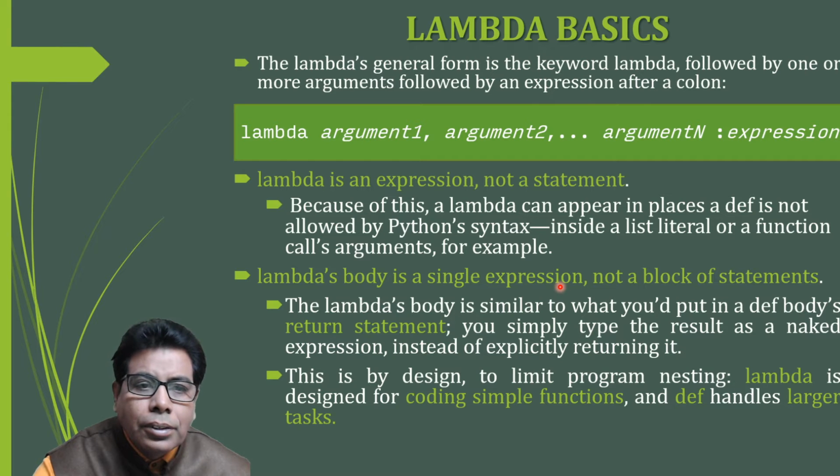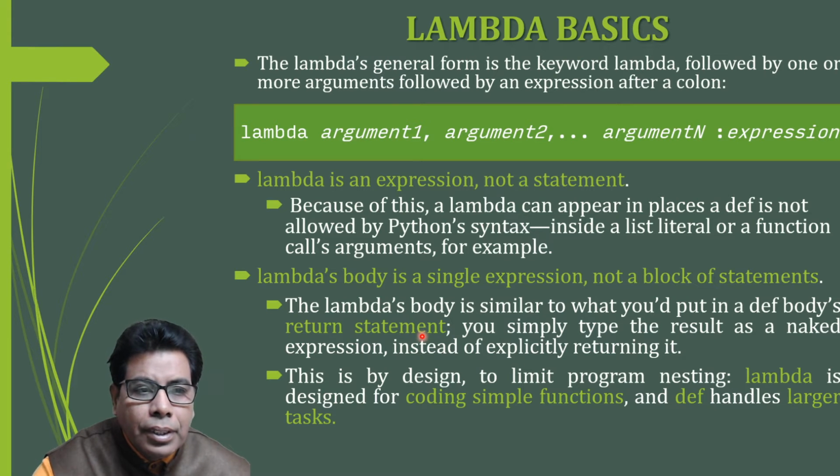In the function definition with def, we have a block of statements, but here the body of lambda is a single expression. It is similar to what you put in the return statement of the def's body. So you simply type the result as an expression instead of explicitly returning it.